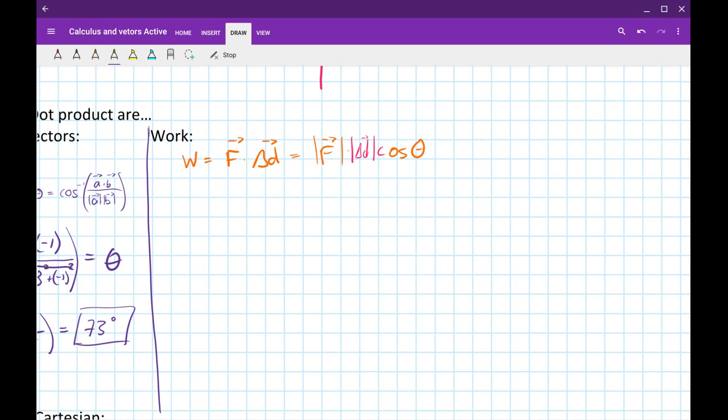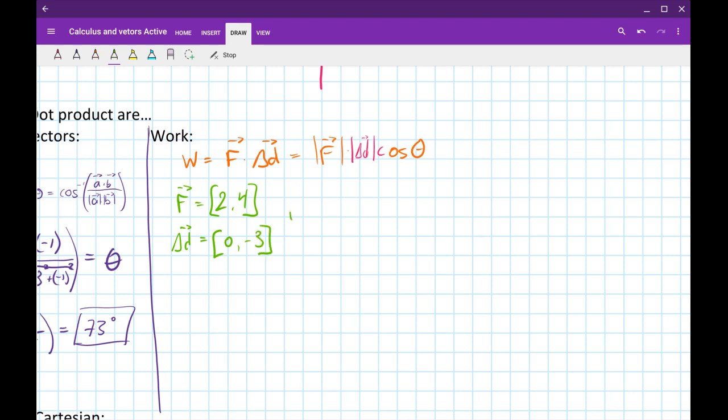So anyway, work is basically just the energy that a force applied over a distance can put into an object. That's a simplified definition of what it can do. So in calculus, let's say I've got a force that's equal to 2, 4, and a displacement that's equal to 0, negative 3.